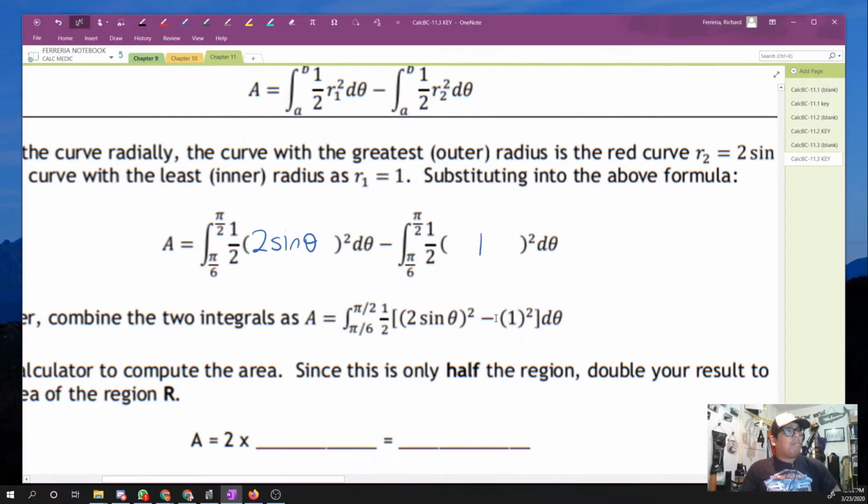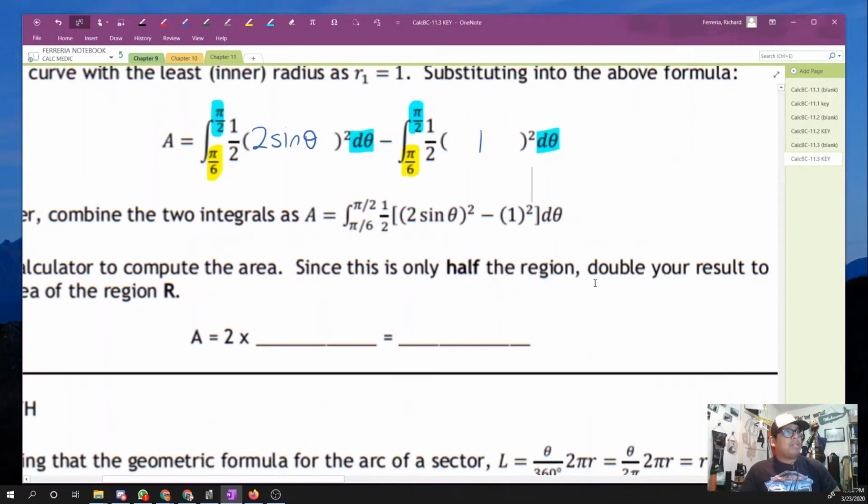And if we combine those two integrals, noting, of course, that the lower limit is the same and the upper limit is the same, we can combine these two integrands together to make this super integrand down over here.